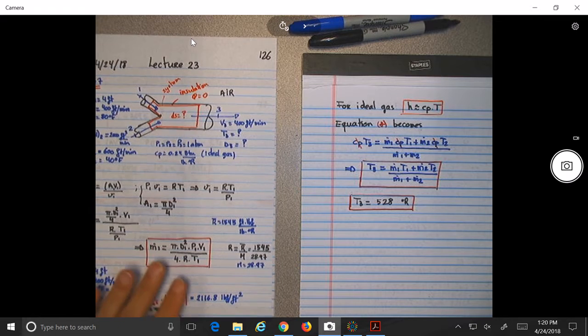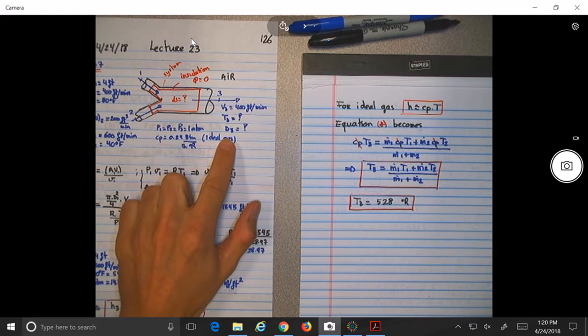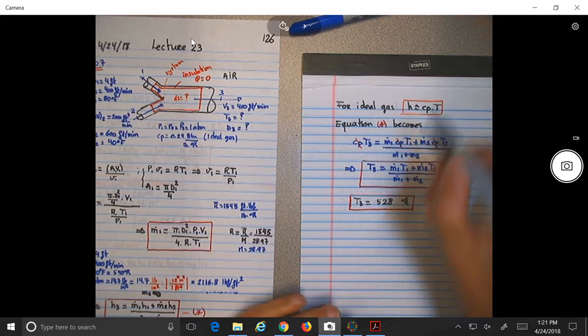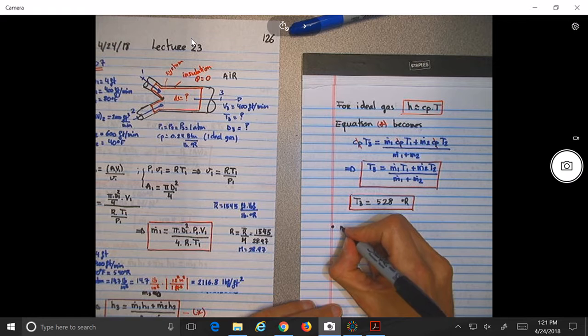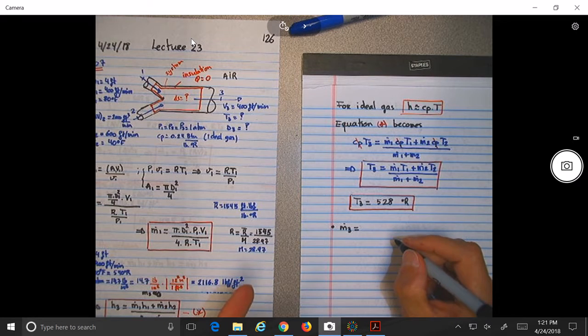Okay, now we also need to solve for the diameter of the thick pipe. So how can we solve for that one? So we know M3, which is actually equal to what? M1 plus M2, no?